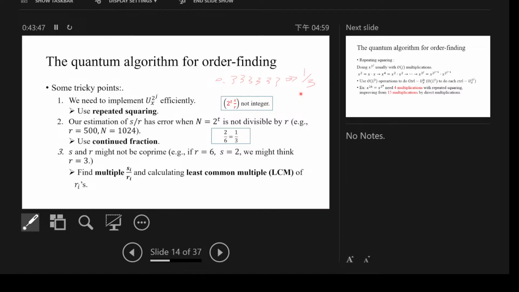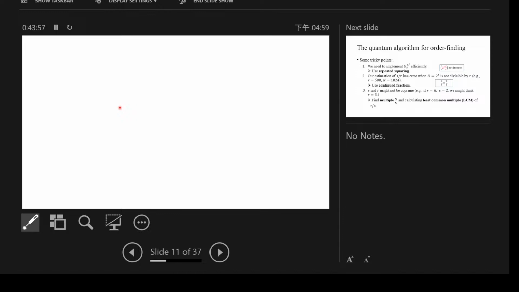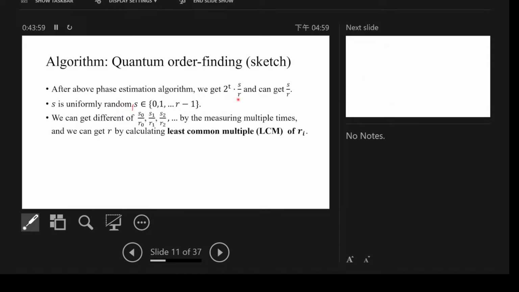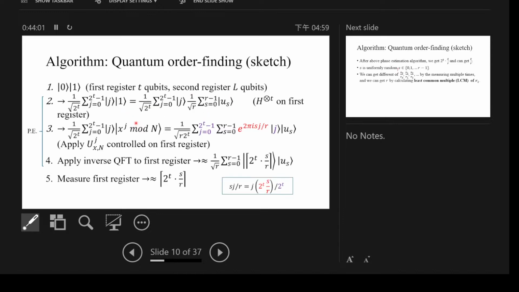And finally we have the problem that we want to do this multiplication efficiently. So we said that we actually do a lot of calls of U_x. We do an exponential number of calls to U_x.